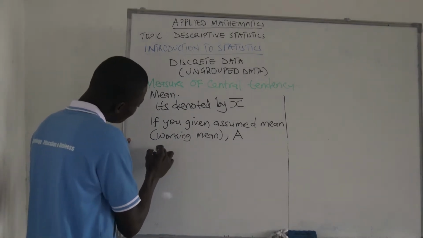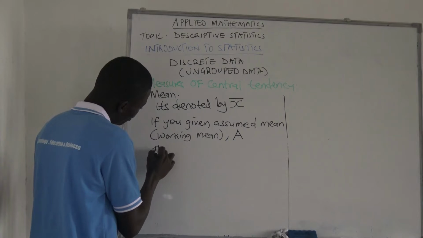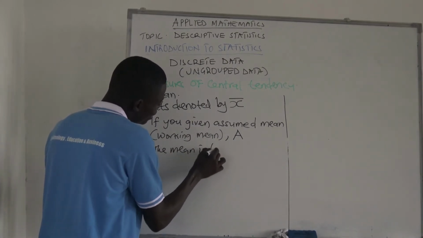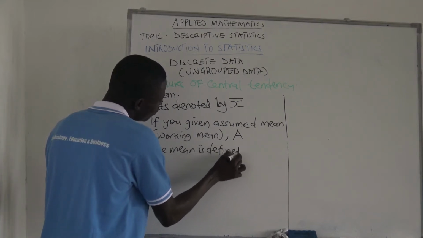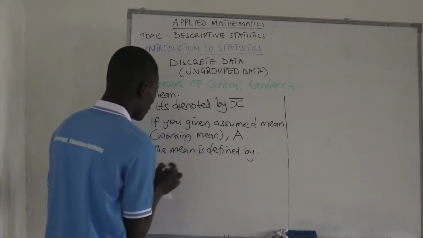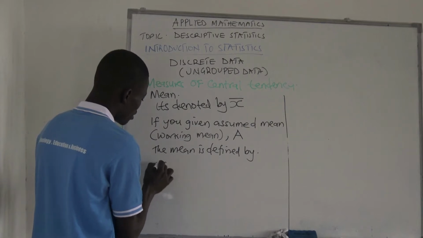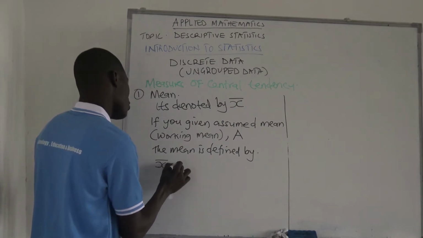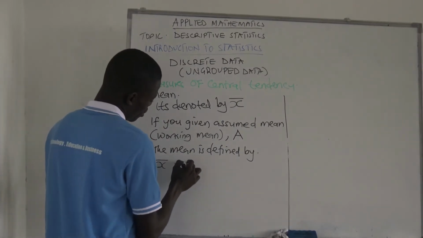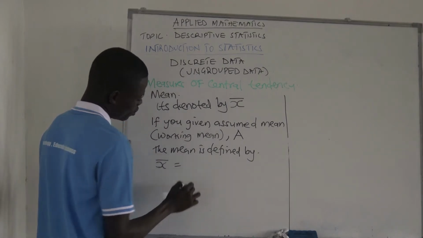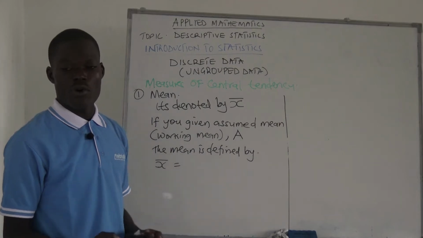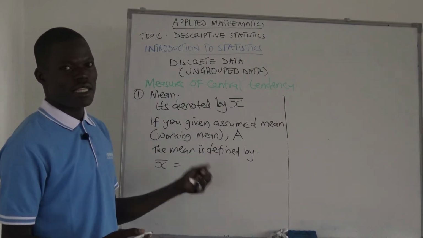The mean is defined by our mean equals to, if you are given assumed mean, we don't get the mean the same way we have been getting for the other values.